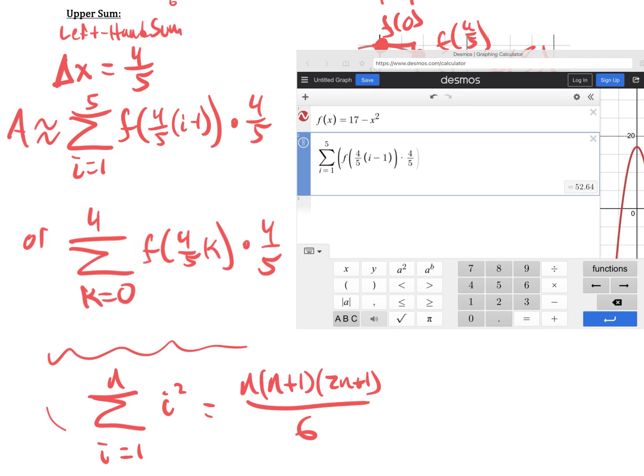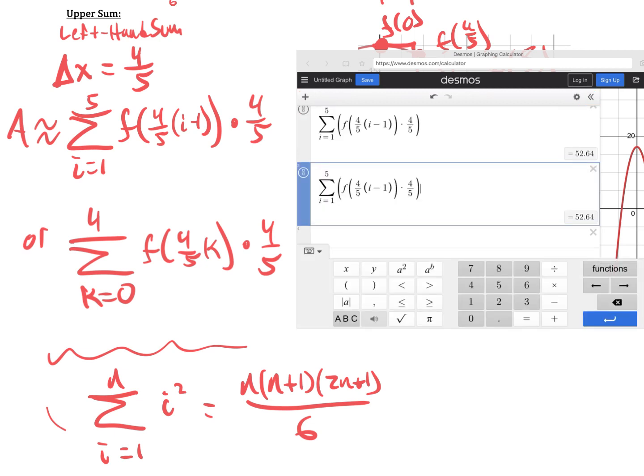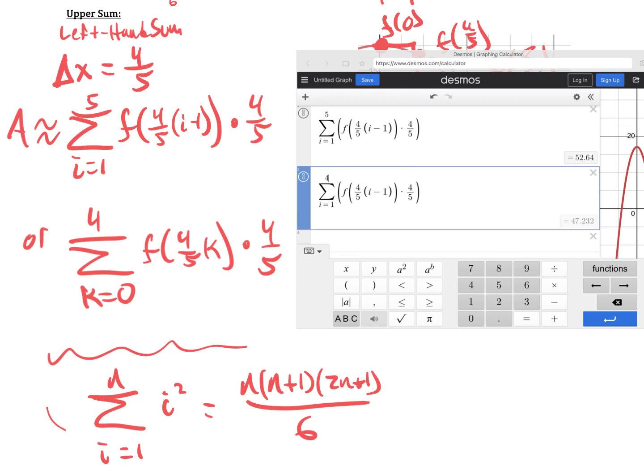Now we know this is going to be an overestimate because those rectangles are above. So we get 52.64. Now, if I copy that there, and if I change this, I could change this in a couple ways, by the way. I can make this 5 into 50. Oh, no, never mind. We have to change more than that. Okay, let's change that to 4, and let's change that to 0.